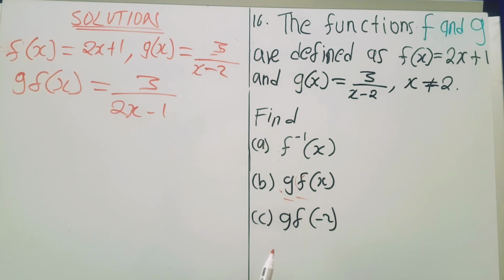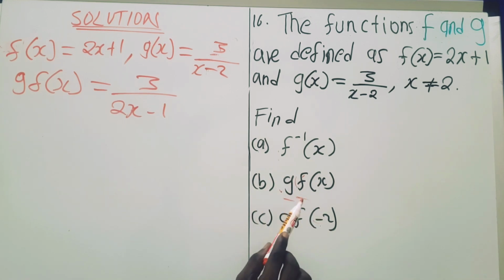The rest are just the same. So what does this imply? This simply means we are going to get this function, the one we found, and wherever there is x, we are going to replace that x with negative 2, because that's what this question implies. Okay? So we are going to use the answer that we got from question B.